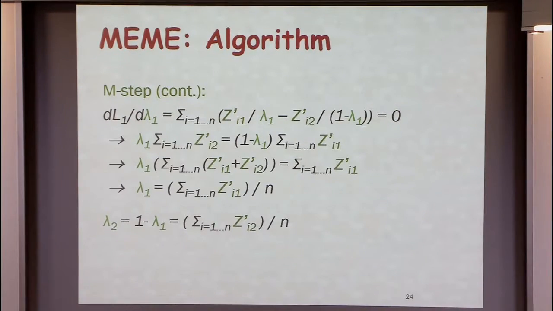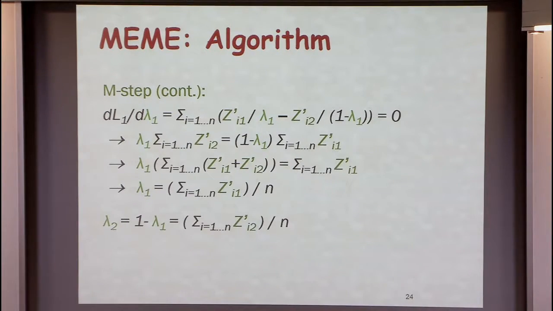So we set it to 0, and we find out that the new lambda 1 is going to be the sum of all the Zi1 prime over n. If you think about this, it is the most intuitive thing to do. We go over the expectation that each Elmer belongs to model 1. We sum over these expectations and divide by n.